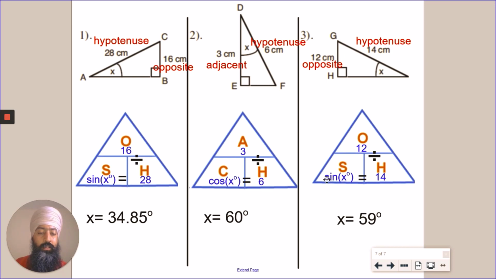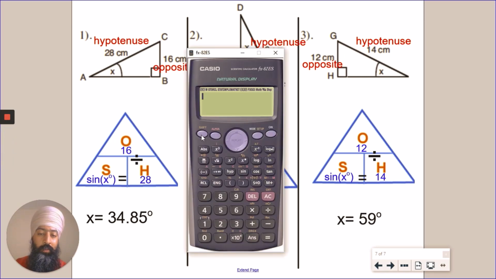So in S, I have sine of x degrees. As O and H are above each other, I will be dividing, not multiplying. 12 divided by 14 is equal to the sine of x. So x is equal to the inverse sine of 12 divided by 14. I can do that in one step on a calculator as well.